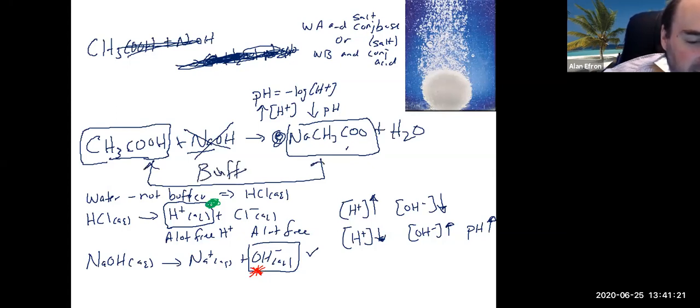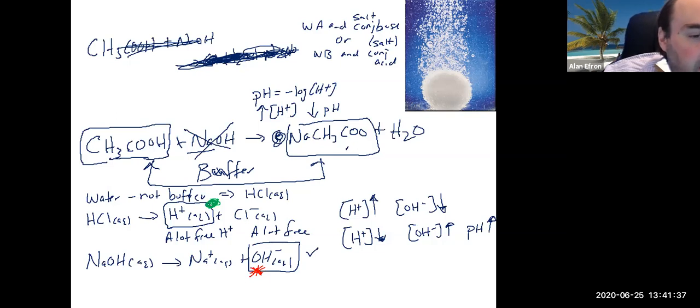So it's sometimes referred to as making a buffer in situ, which means you do it by doing a chemical reaction. But this does not turn into a buffer until all the sodium hydroxide is gone, and it's really these two, which again are our weak acid and conjugate base.